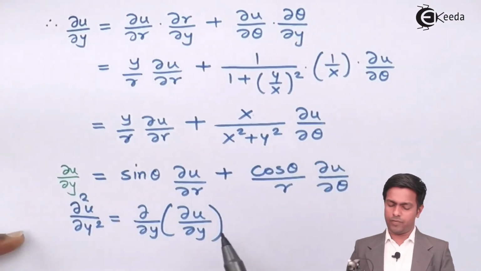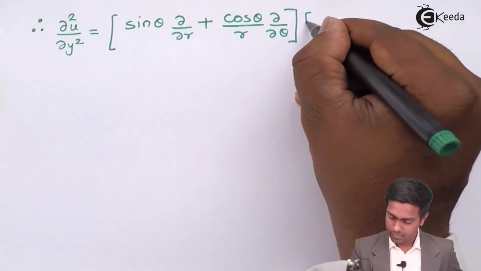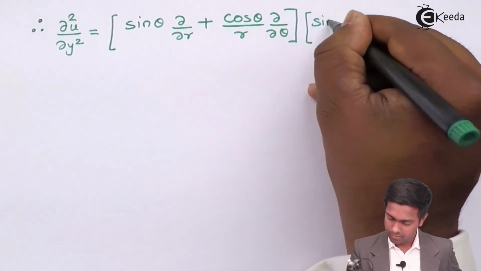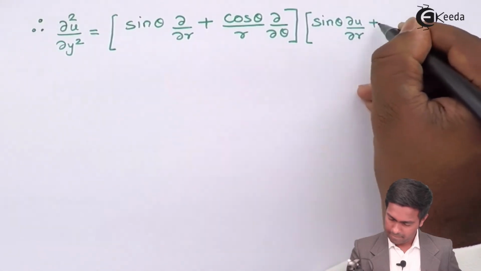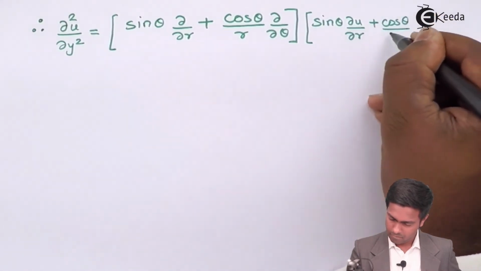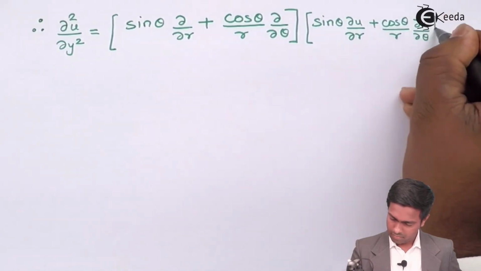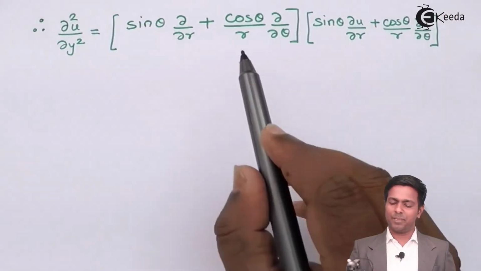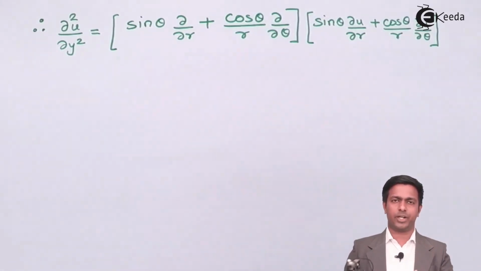Next, we want the value of del u by del y, which is this value. So now guys, to multiply these two brackets, I'll not solve it completely because again it will take 2 or 3 pages.